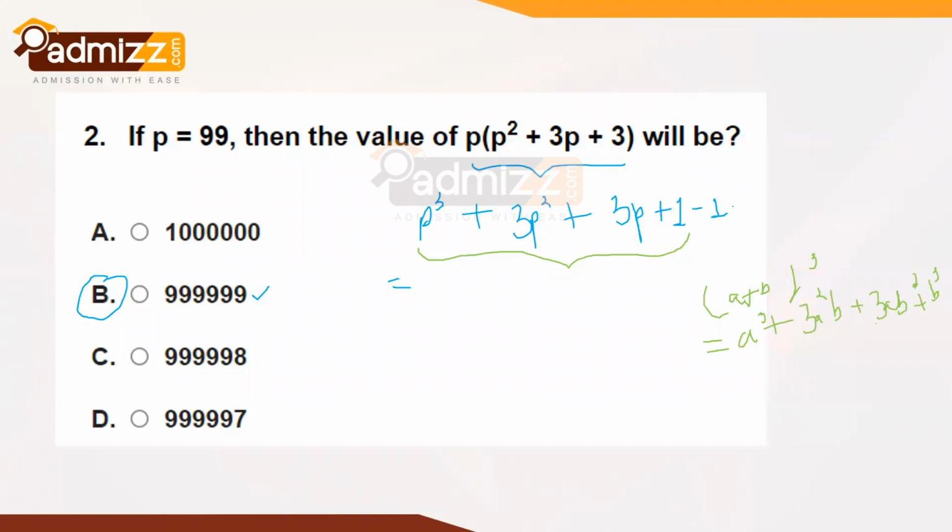This is the formula for a plus b whole cubed. And this particular expression is in the form of p plus 1 whole cubed, right? So this can be written as p plus 1 whole cubed, and then we subtract 1. Is everyone clear up to this point?